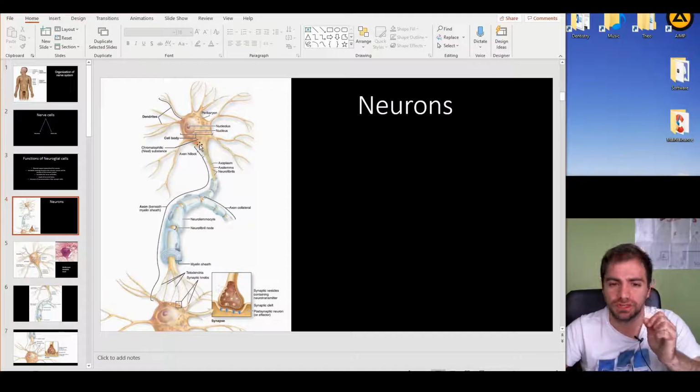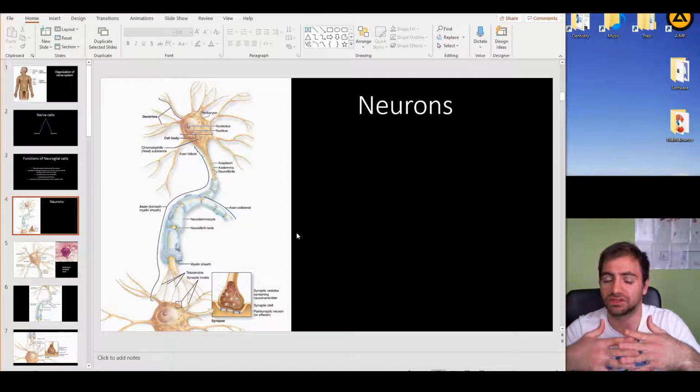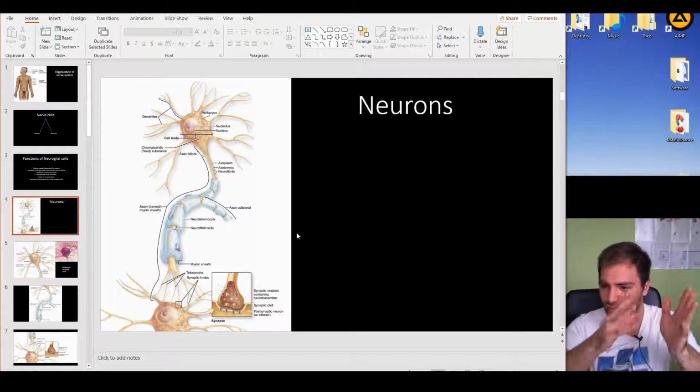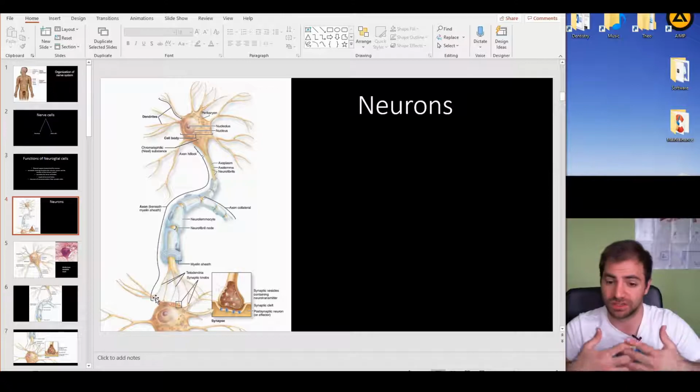So along this axon, this cytoplasmic process, we find many neurofibrils, which are again cytoskeletal components that allow this transmission of granules and other macromolecules from the axon towards the synapse. Now the last point that we should see is the terminal synapses right here, the ending of the axon, where the electrical signal is going to be propagated from one cell to the other.